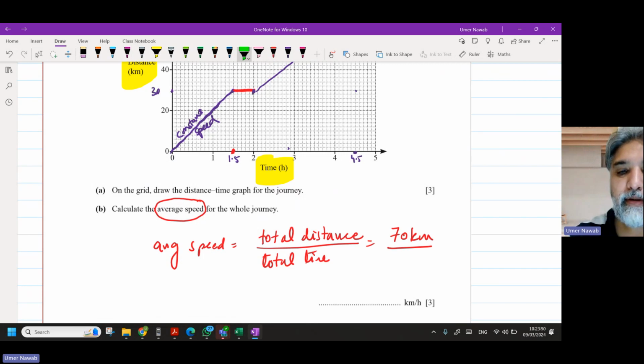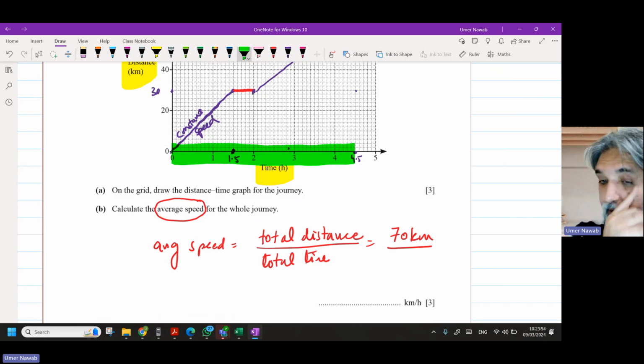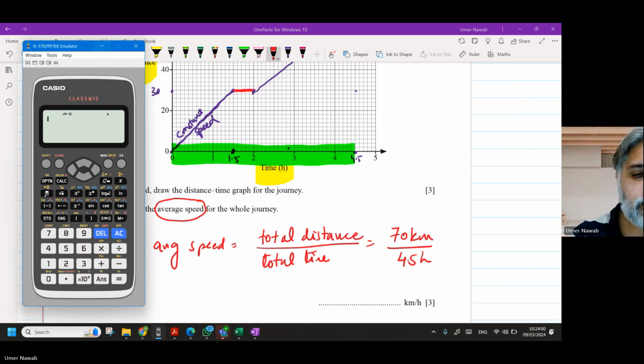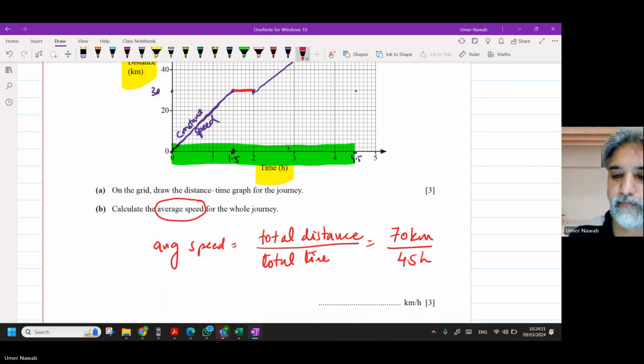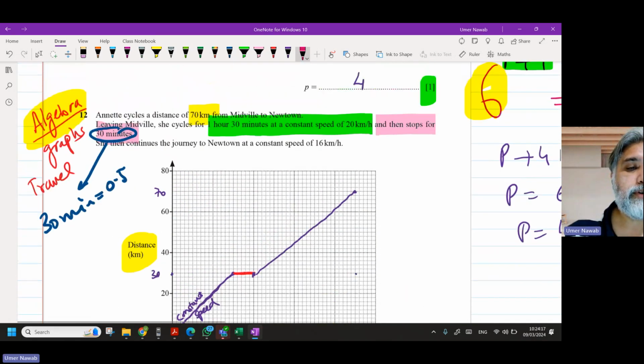And from the graph, it is clear that the total time is 4.5 hours. Use the calculator. 70 divided by 4.5 gives you 15.5 or 15.6 kilometers per hour. That's the final answer, right? So we finished our question number 12.